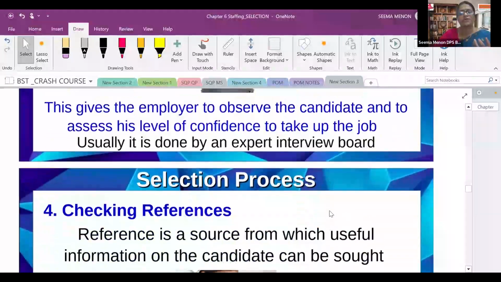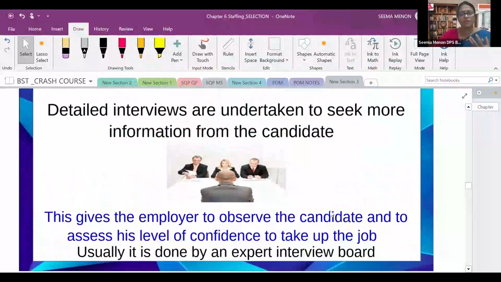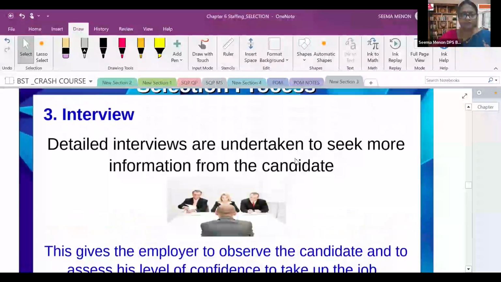Everywhere there will be an expert panel. So 3-4 experts of various levels will be there, from the work area or the psychological side, etc. They will conduct the interview and assess the confidence level, knowledge level, etc. of the candidate. So that is the interview panel with the experts.